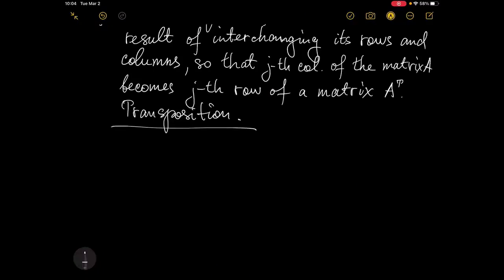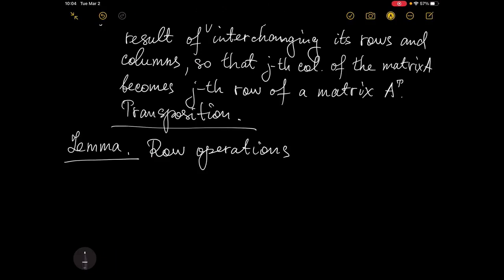Okay, now I formulate the lemma, which relates to the question which was asked a minute ago. Row operations do not change the column rank.